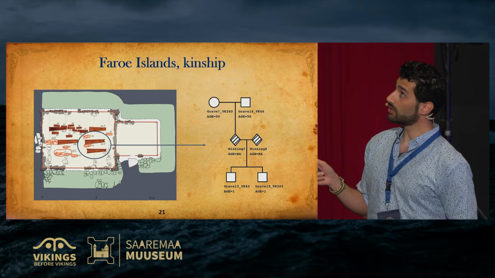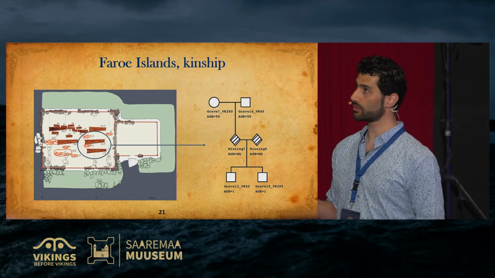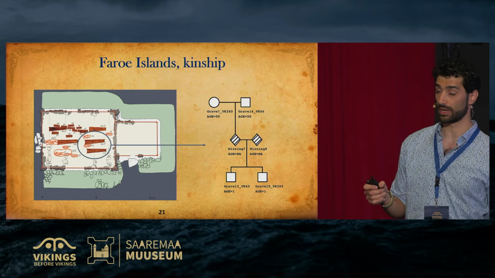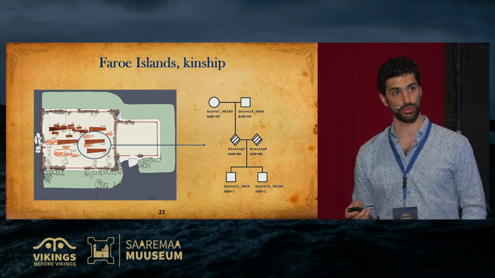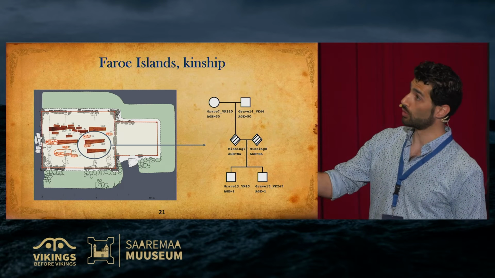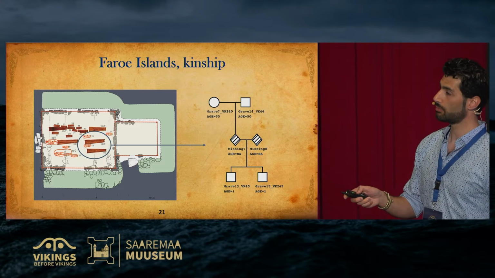For example, I'll start with the kinship analysis of some of the sites. A lot of samples were from larger cemeteries, so we would expect, and we actually had, a lot of related individuals, but I just chose a couple of the most interesting ones to present here. For example, this is a church site in the Faroe Islands, a medieval site.